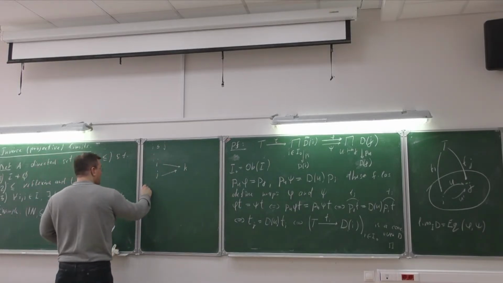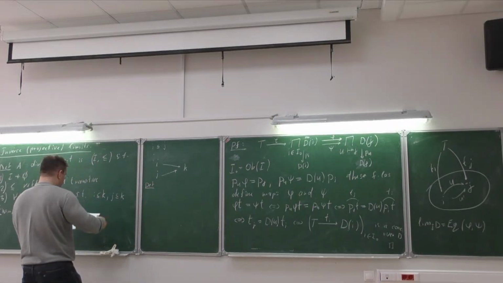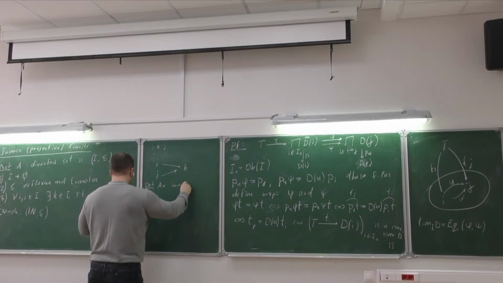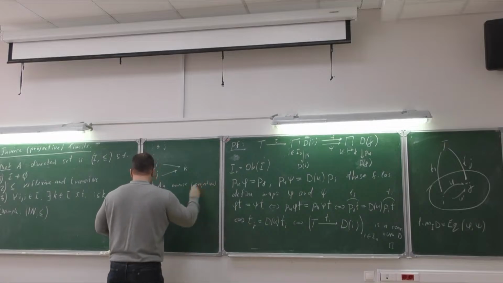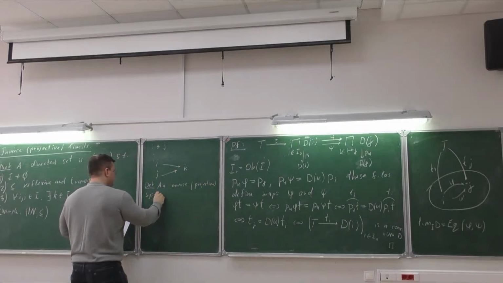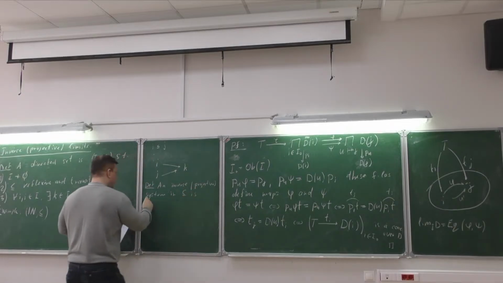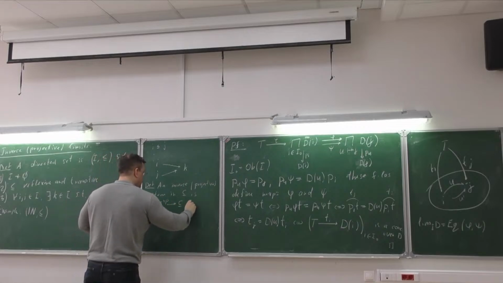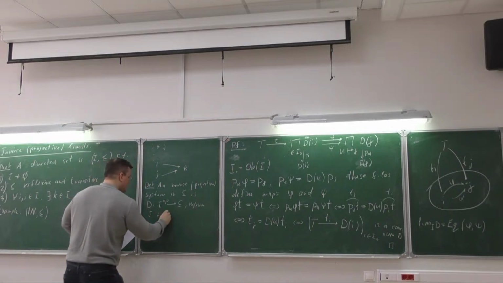Okay, so it looks like I don't have a lot of time to do this, but I'll give you one more definition. An inverse, also called projective system in C, is just a functor D from the opposite category of I to C, where I is directed.